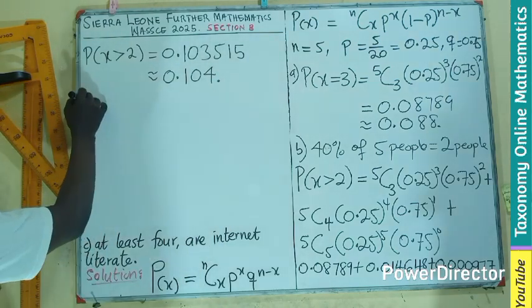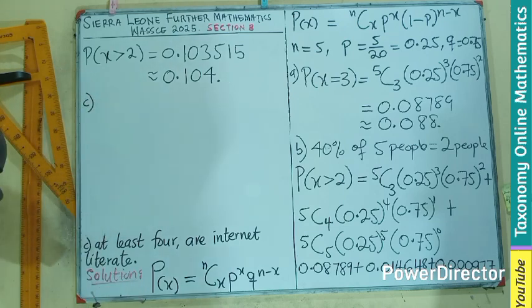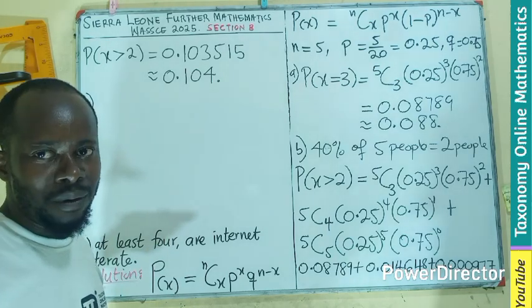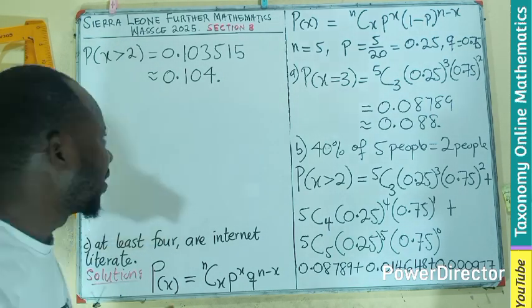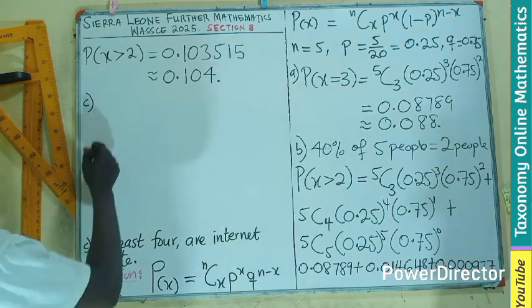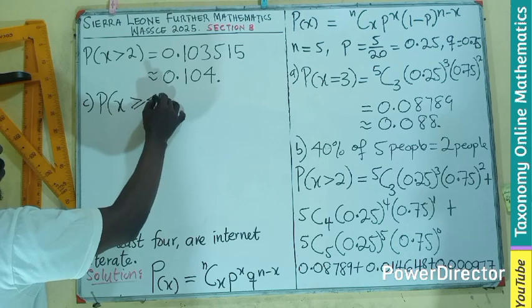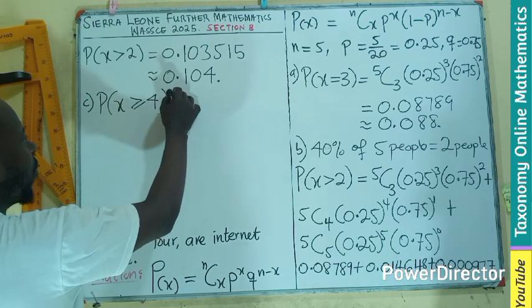All right, let's go to number 3. If they say at least 4, the least is 4, meaning 4 or 5. So the probability of x greater than or equal to 4, whereby 4 is included, then 5 will follow.